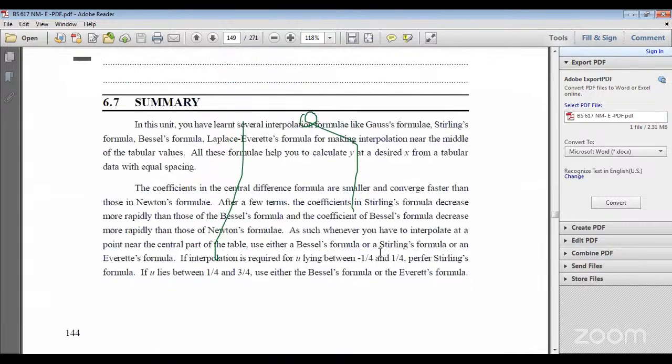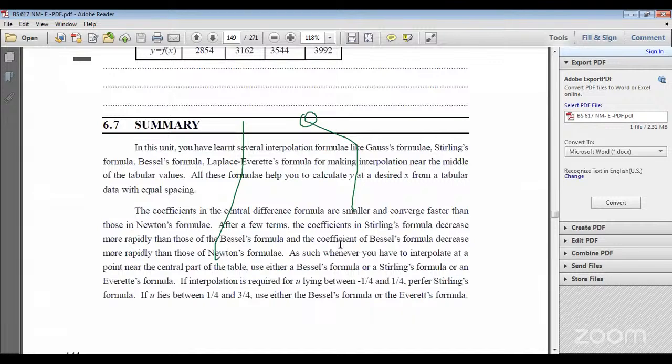So in this unit we learned several interpolation formulas: Gauss, Stirling, Bessel, Everett, used for interpolation in the middle of the tabulated values. All these formulas help to calculate the desired value from tabulated data with equal spacing. The coefficients of the central difference formulas are smaller and converge faster than in Newton's formula.